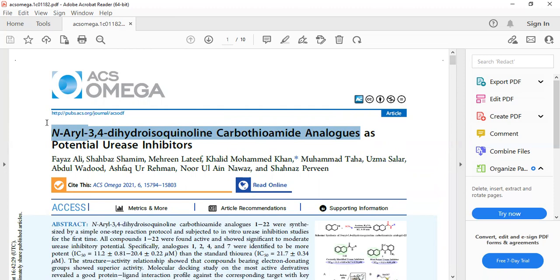One of them wants to read the synthetic portion, another wants to read the biological activity portion.